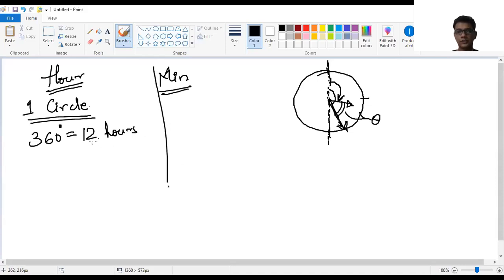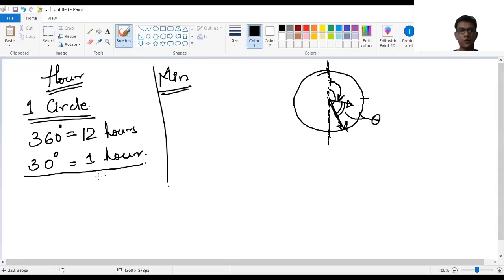Which implies that an hour hand makes 30 degrees in 1 hour. Is this math right? If the hour hand makes 360 degrees in 12 hours, then in 1 hour it is 360 divided by 12, which is 30 degrees.